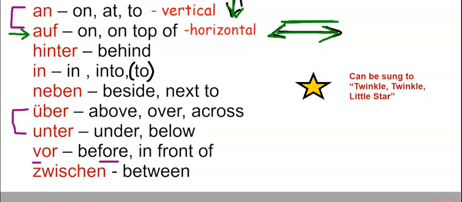These are our two-way prepositions. If you think about Twinkle, Twinkle, Little Star, hopefully that will help you remember it. An, auf, hinter, in, neben, über, unter, vor, zwischen. All right. Next up, I recommend the next video.